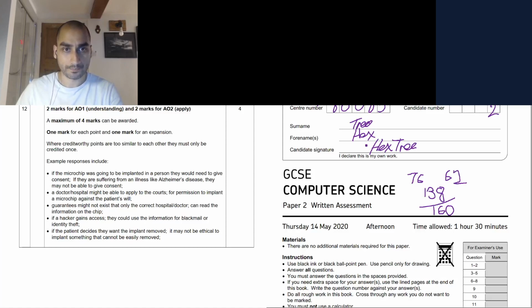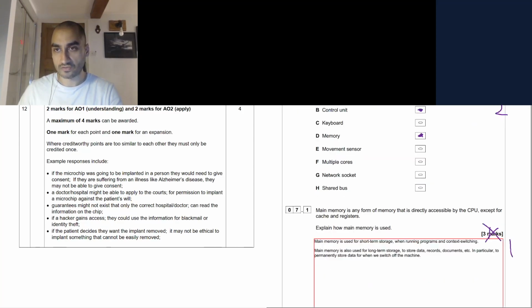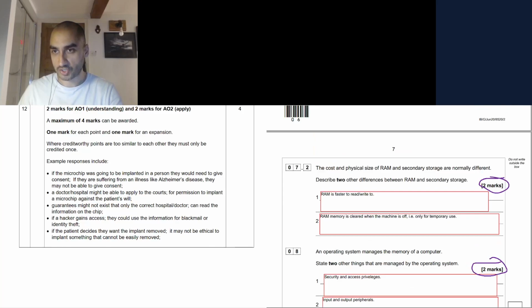Here we are. Computer Science, maximum mark 160. Grade boundaries, 135 for the top grade. I got 138, so I could have lost 3 more marks and I still would have got the top grade, so that reassures me a little bit.